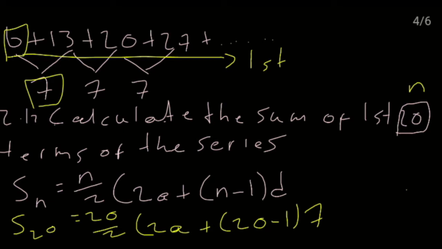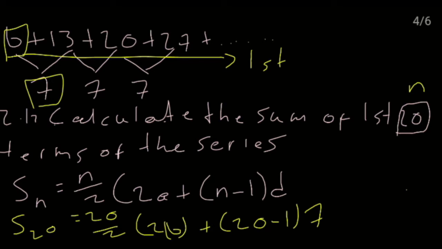So from here, sorry, let me just write the value for a. I just said it's 6, right? From here you can just use your calculator. This is 12, and then it's 19 times 7, 19 times 7, it's 133, 133 plus 12, it's 145. Remember, we still have this.